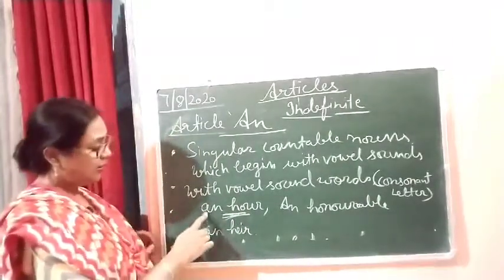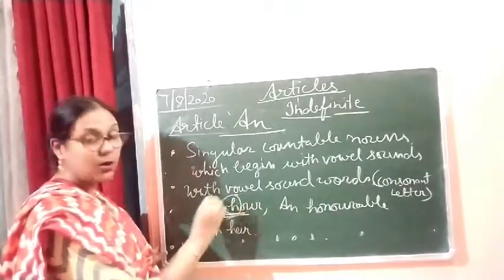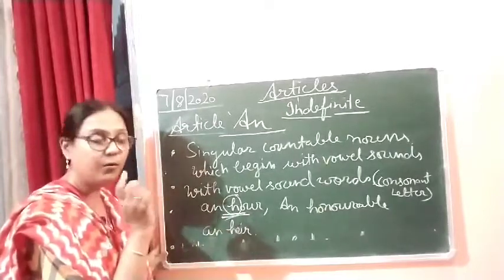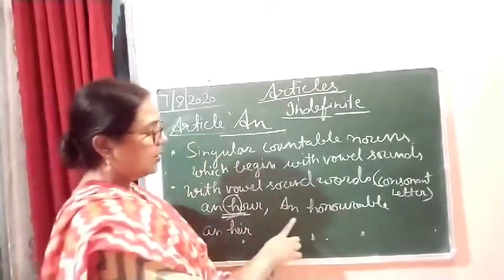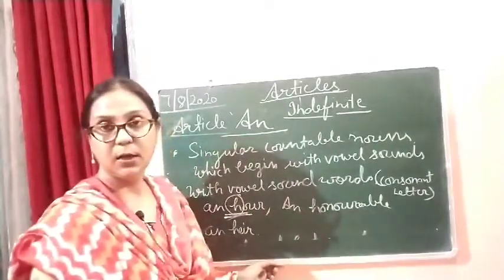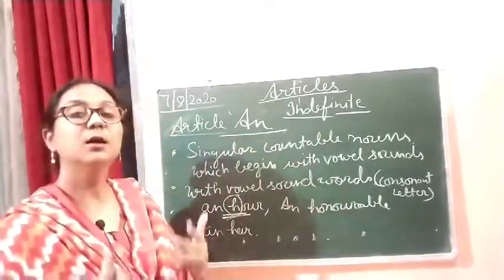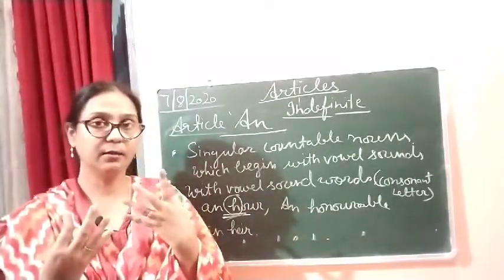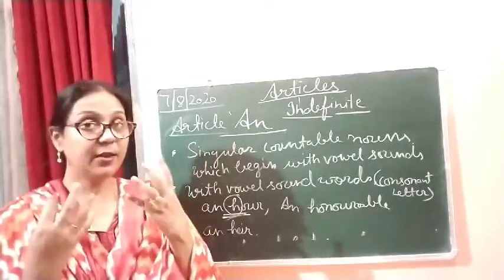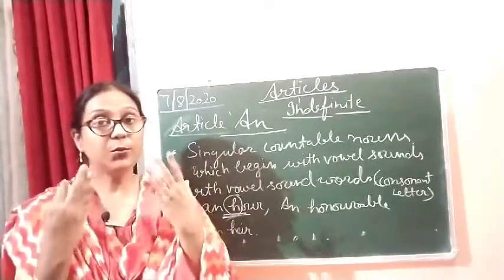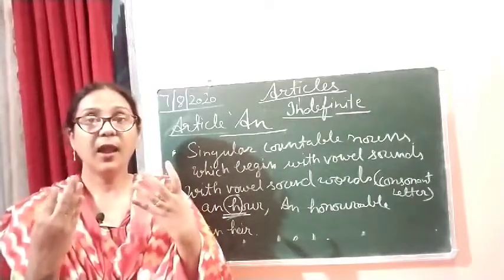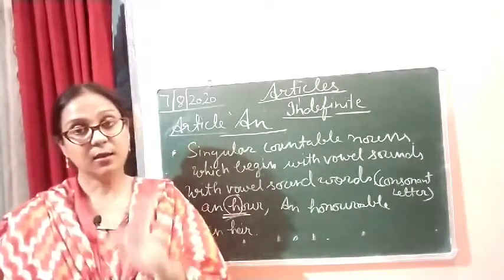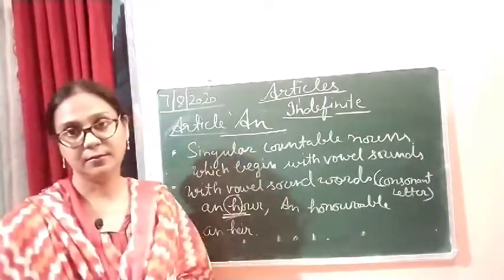H is a consonant alphabet, but the sound is coming from a vowel. Here you can see "an honest" and "an honorable". We pronounce it as "honorable", with an aw sound. Whenever we pronounce a word with an aw or a sound like this, we are supposed to use "an".